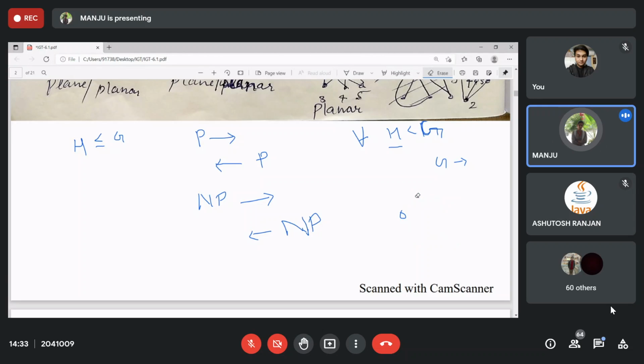You can take the example of K5 and K3,3.